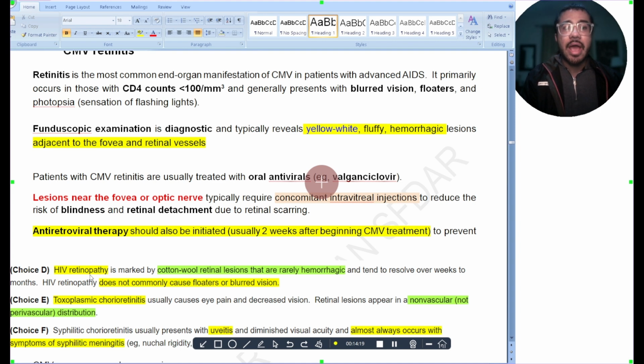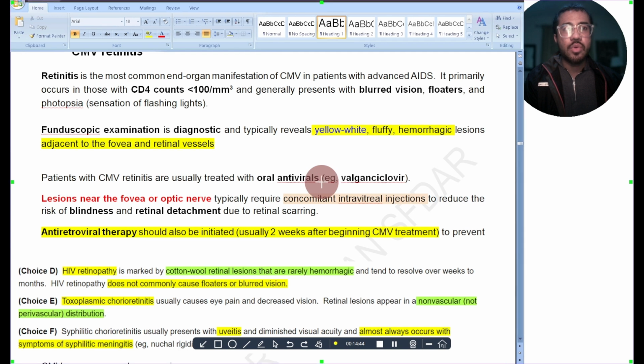So yeah, the presence of HIV in both cases can be confusing, but the difference between CMV retinitis and HIV retinopathy is that, first of all, HIV retinopathy has cotton wool retinal lesions that are rarely hemorrhagic and tend to resolve over weeks to months. So HIV retinopathy is a really mild disease compared to CMV retinitis.